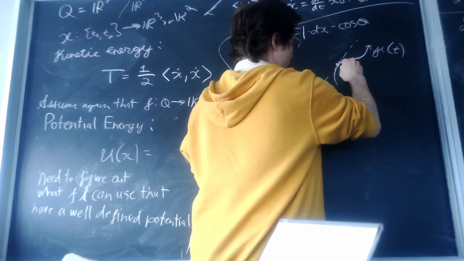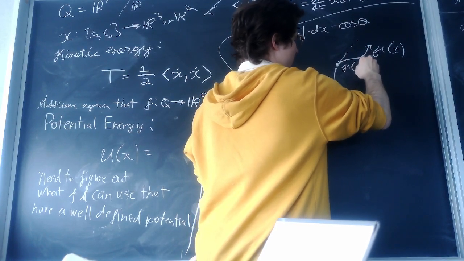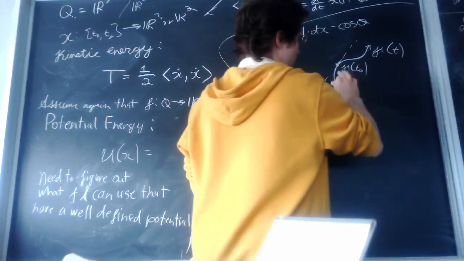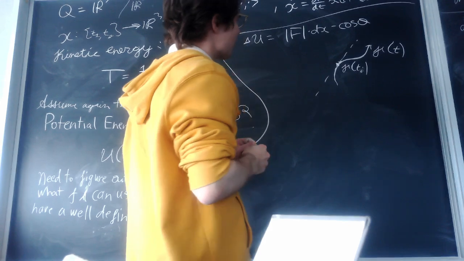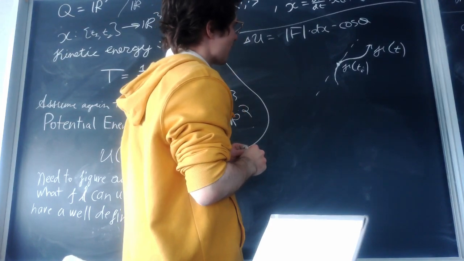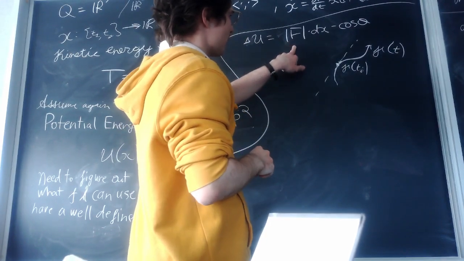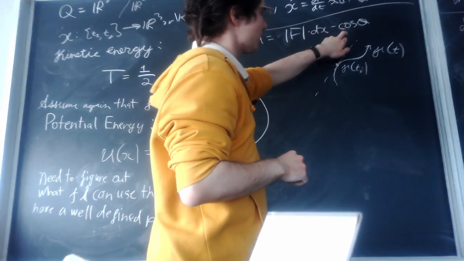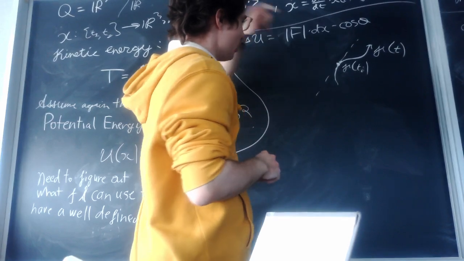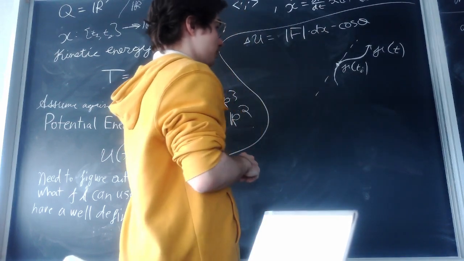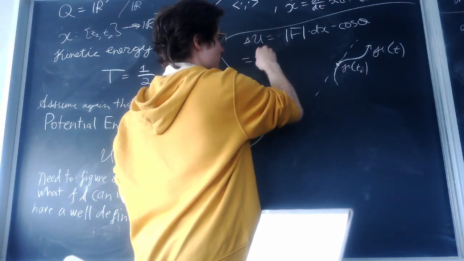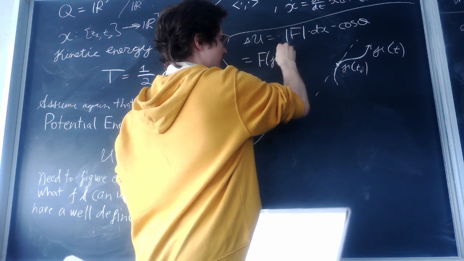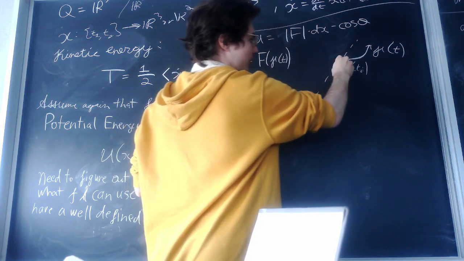And this point is gamma of t naught, or some particular t i, let's say. Do you agree? Then the magnitude of F times cos times dx is going to be equal to my force F at gamma of t, right? So my force at this point.